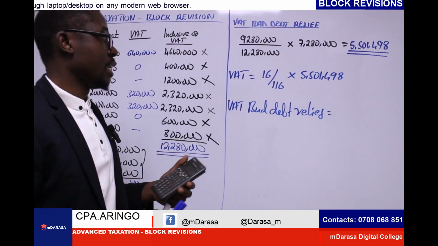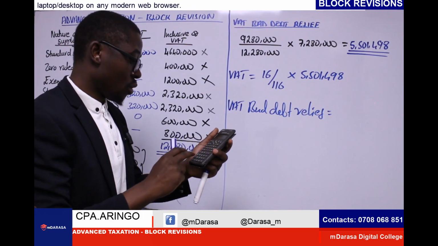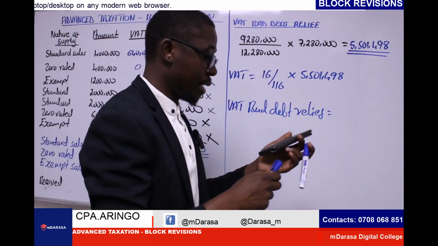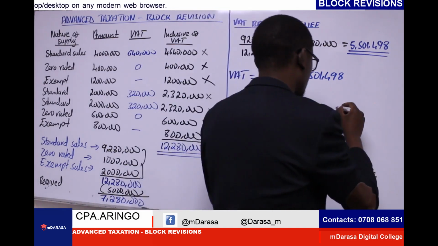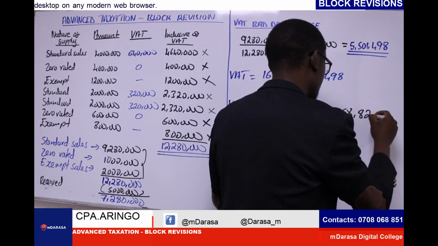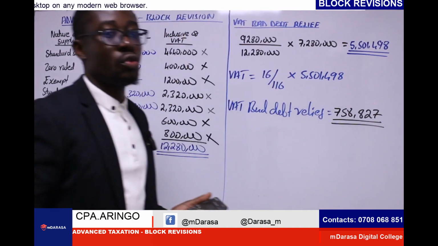I should be talking of my value times 16 of 116. So the one that you are going to claim as a relief, we should be talking of 758,827. So that is what you are required to do.